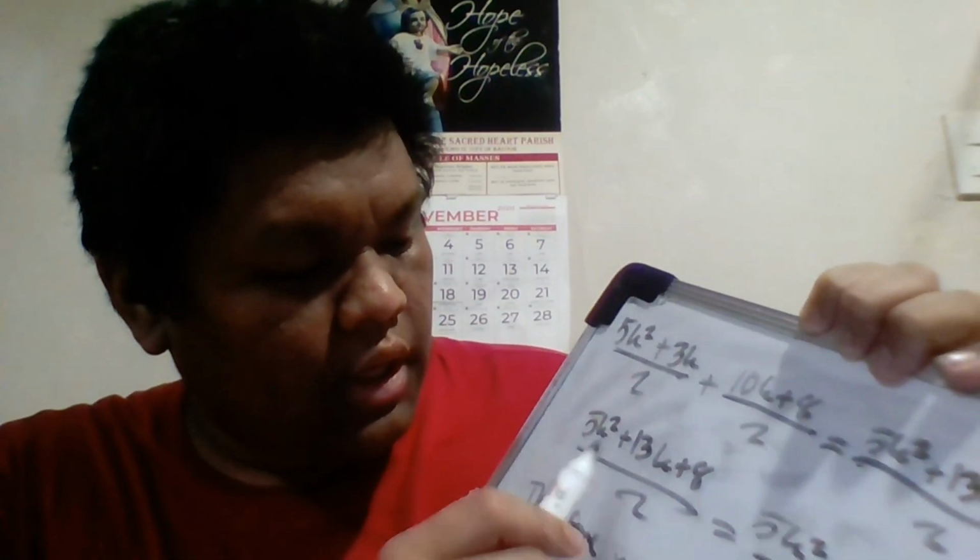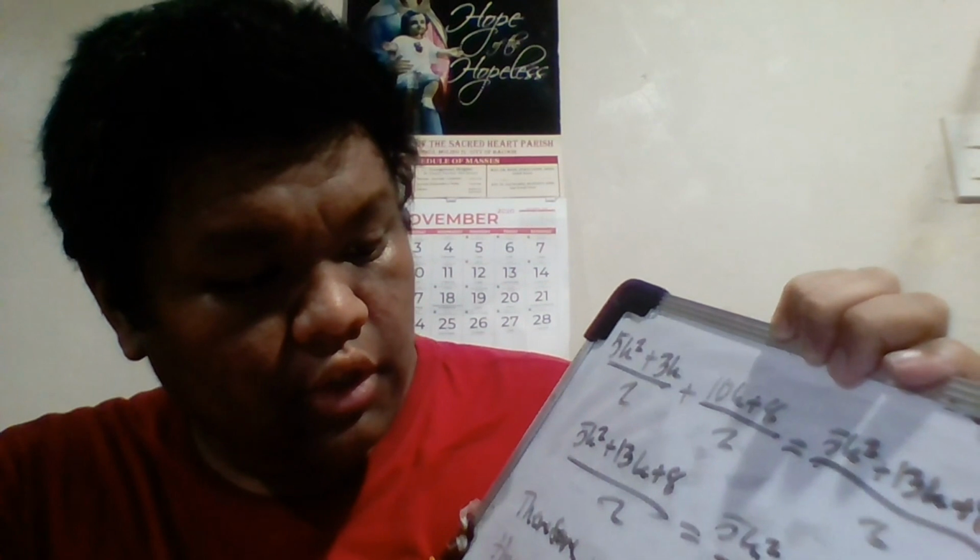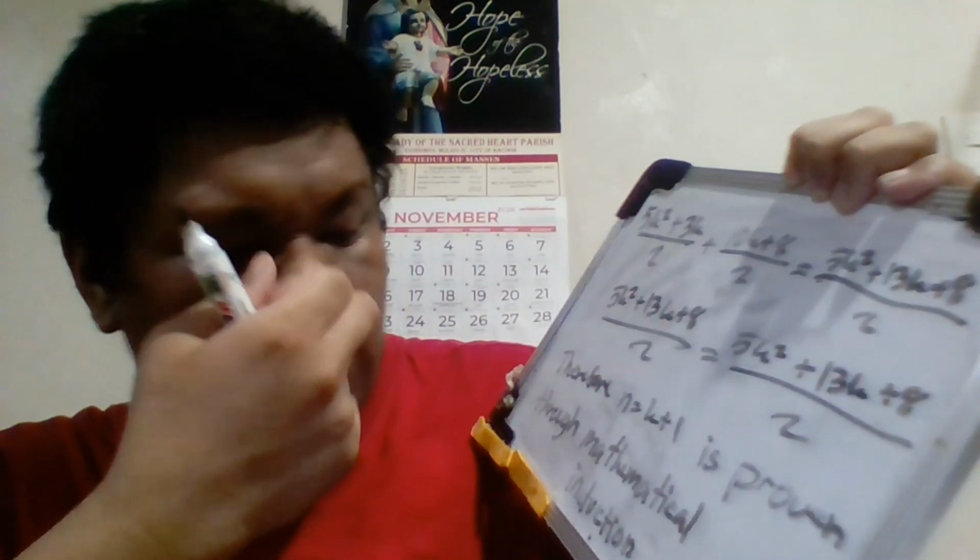Now we cannot add these two because they don't have the same denominator, so we need to divide this by 2 and multiply it by 2, and then the outcome will be 5k squared plus 3k over 2 plus 10k plus 8 over 2 is equal to 5k squared plus 13k plus 8 over 2. Therefore, n is equal to k plus 1 is proven through mathematical induction.